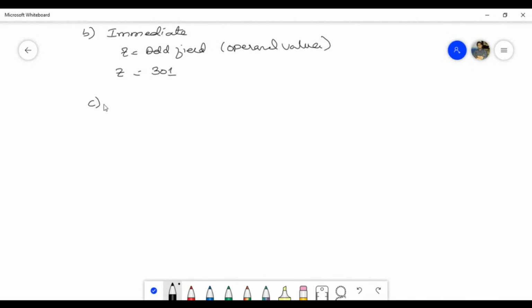So next, that is relative. Relative address Z equals program counter or next instruction PC plus R1. The register R1 contains the number 200. So 302 plus 200.